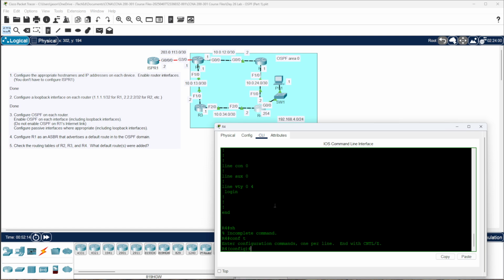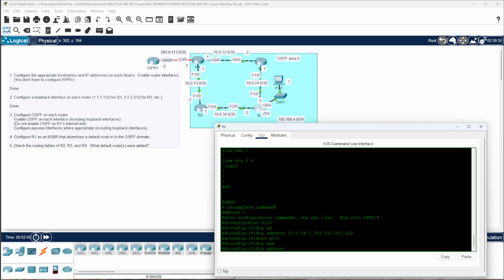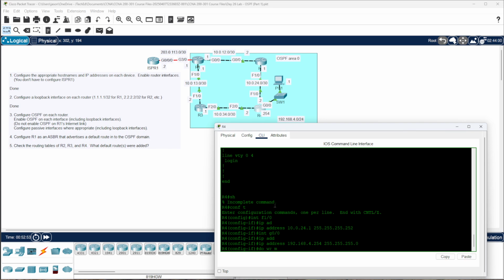So we want conf t. We're going for interface F1/0, IP address 10.0.4.1 and the 252, and we're going to go with interface. I think I figured it out. So interface G0/0. I think it's saying IP address, let's say 4.254, and we got a 24 mask, so we got that guy.